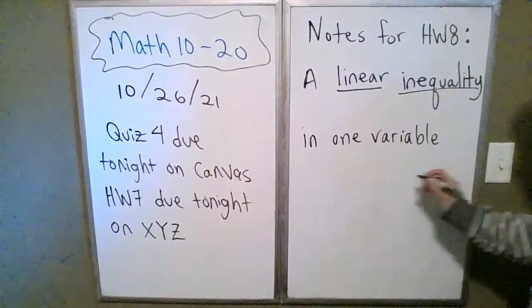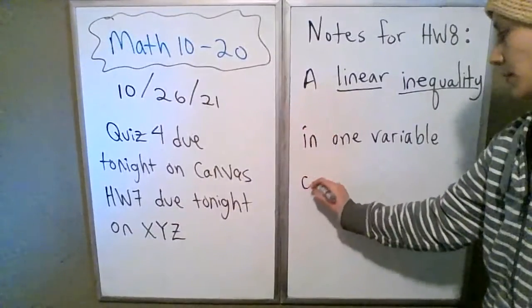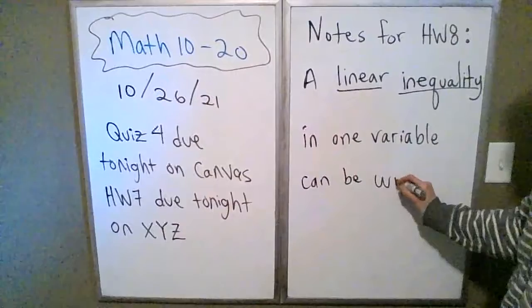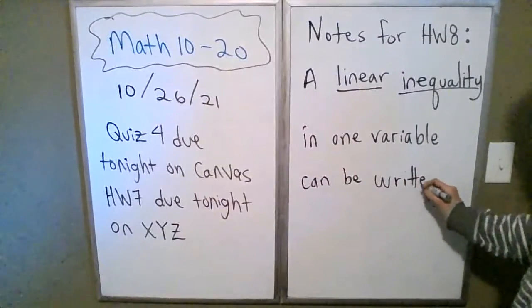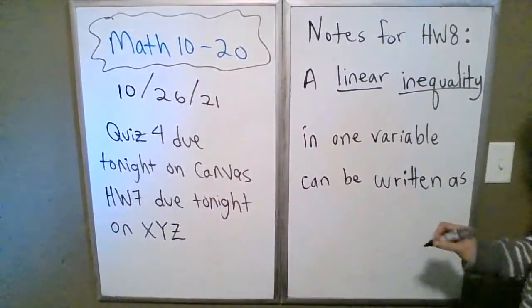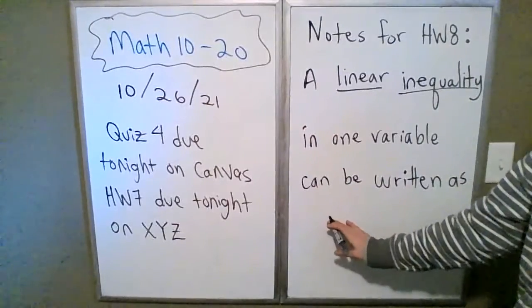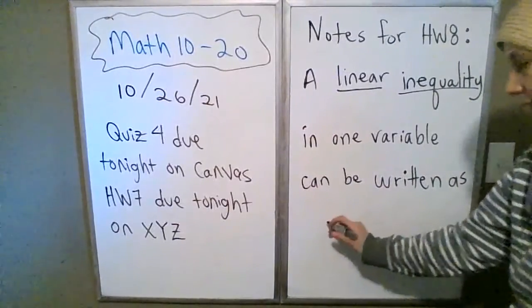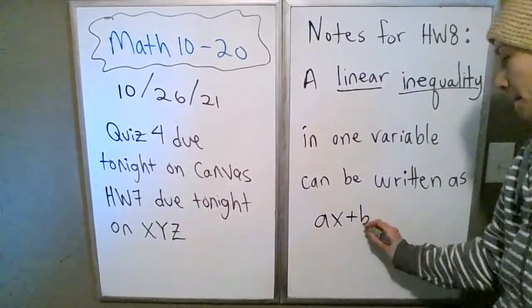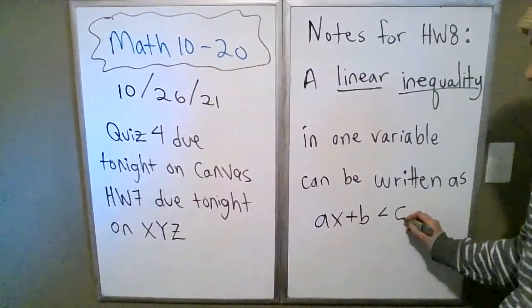It can be written as ax plus b, where x is the variable, and it's less than c.